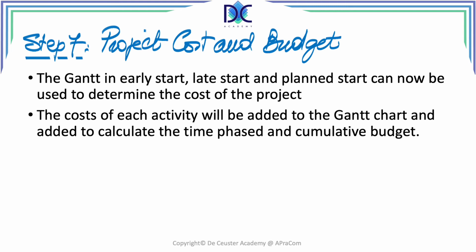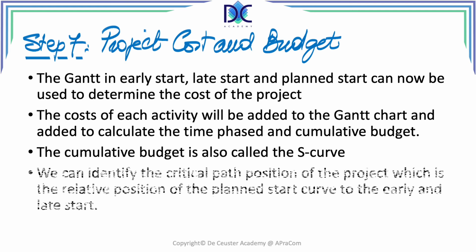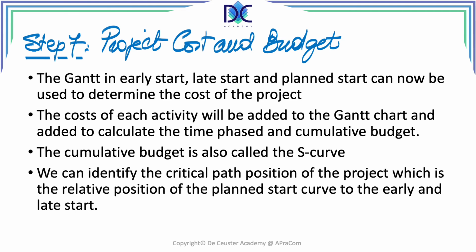S curve because it has the form of an S when you look at a typical project. It may not always be the case, and in some cases I will replace the S curve by a straight line, but that's just for simplification and for proving some formulas. What we also can identify here is what we call the critical path position of the project.